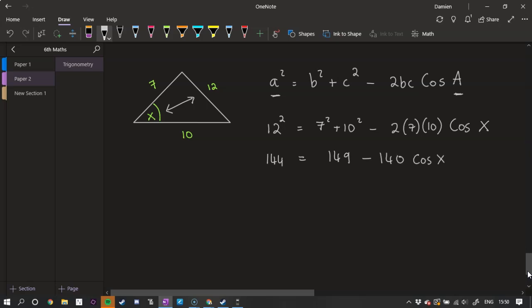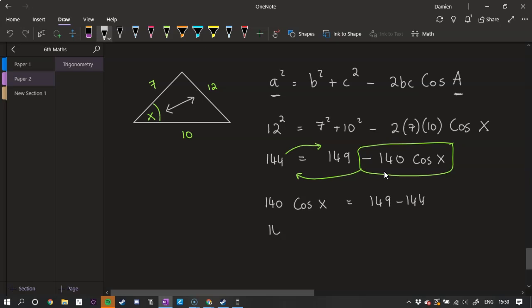Now, at this point, we need to fix this bit. Anything with a value of x, I want to get it positive. So what I'm going to do is take this part and bring it over to the other side of the equals, and bring the 144 over here. That's going to give me 140 cos x is equal to 149 minus 144. So you end up with 140 cos x is equal to 5.